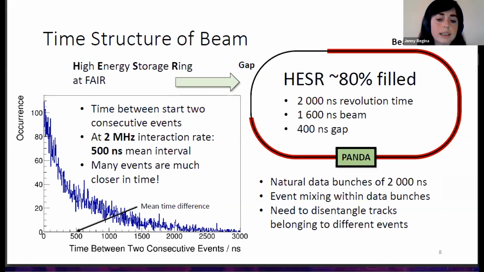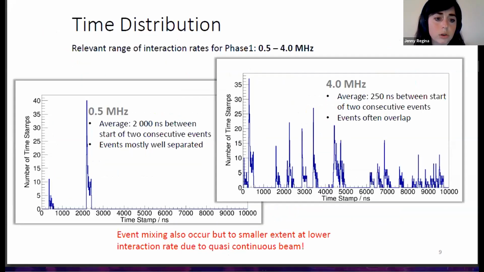So we need to disentangle these tracks belonging to different events. And the way this can look in the straw tube tracker, which has a timing resolution of the order of 100 nanoseconds, is in the following way. Here I show the event structure, the timestamps versus the total number of hits, for 0.5 and 4 megahertz interaction rate.